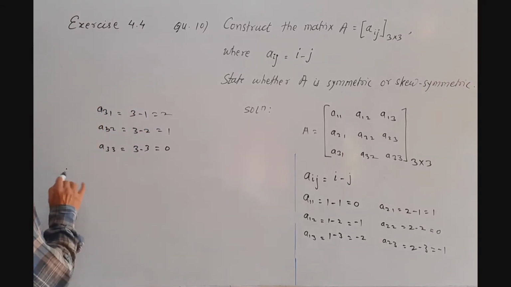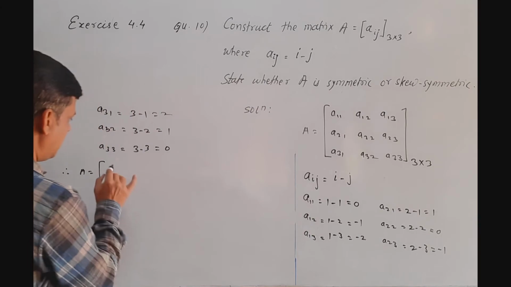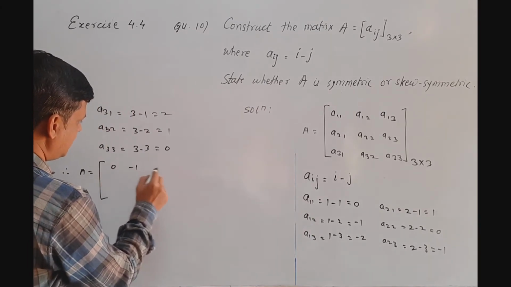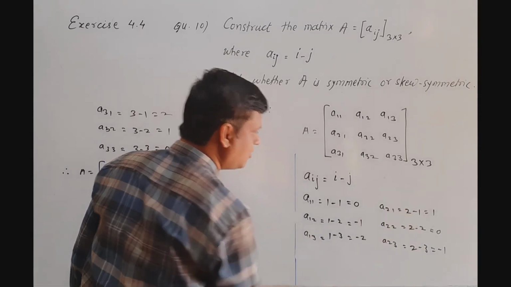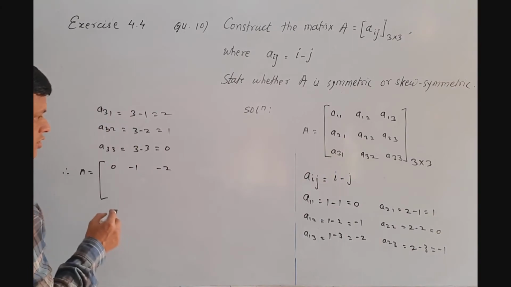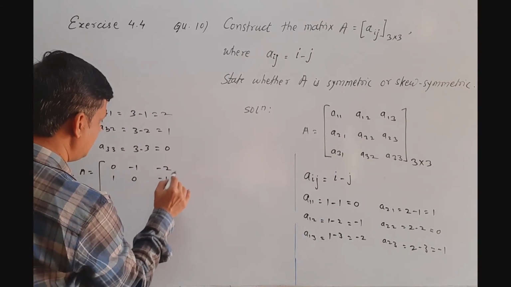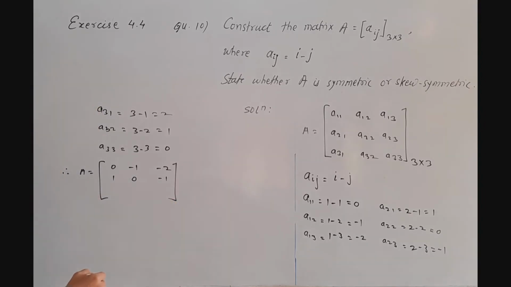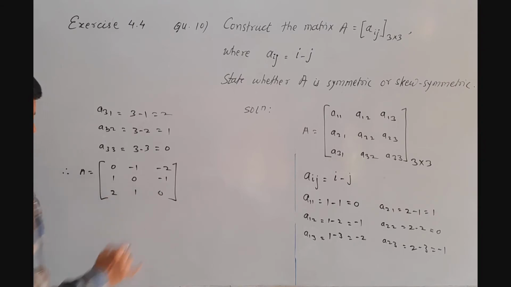So write A equals, elements of first row are 0, minus 1, minus 2. Then elements of second row are 1, 0, minus 1. Then elements of third row are 2, 1, 0.